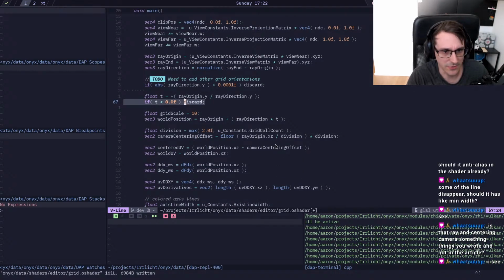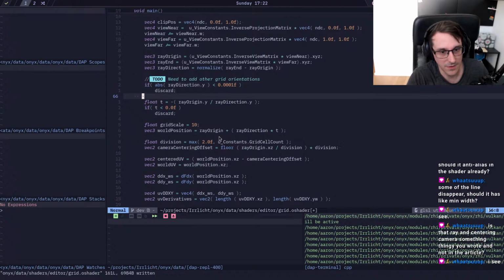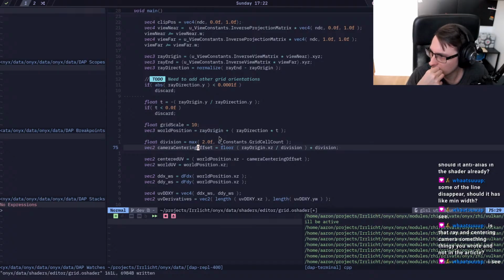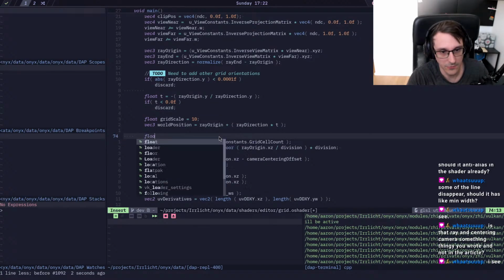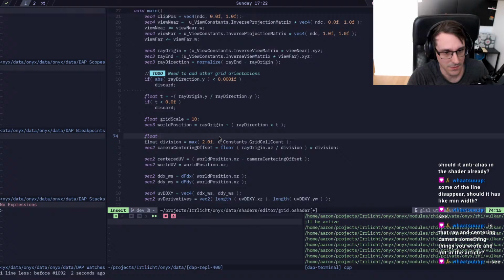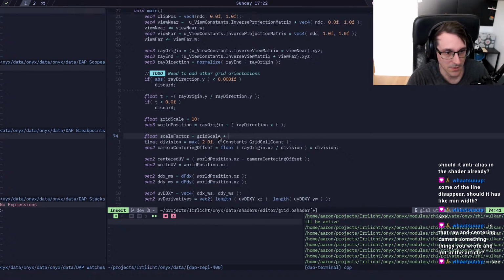That's already good enough. The scaling I wanted to do, I think the scaling needs to happen somewhere here. So I think what I need to do, where? Load scale factor maybe is our grid scale times our division.